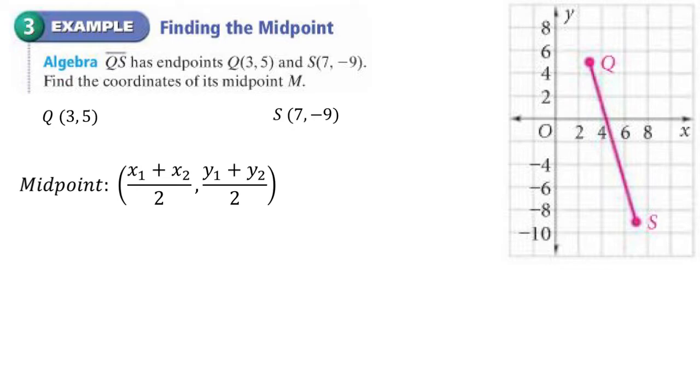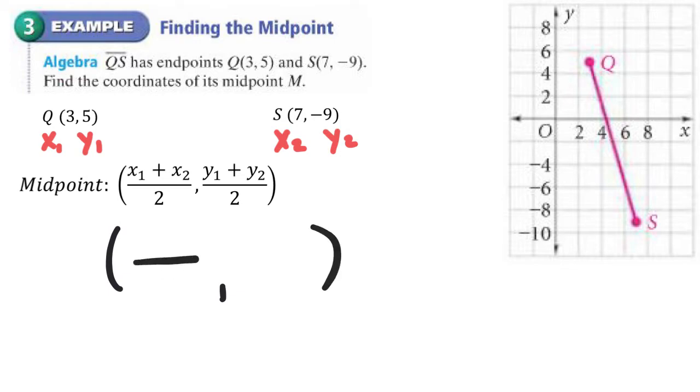So I could call Q x1, y1, and S x2, y2. It doesn't matter how you choose to label them as long as you're consistent with keeping the x1 and y1 together and x2 and y2 together. Now for my formula, we know that it's always set up such as this, so it's over 2 and over 2. And now we're just filling in from up above.